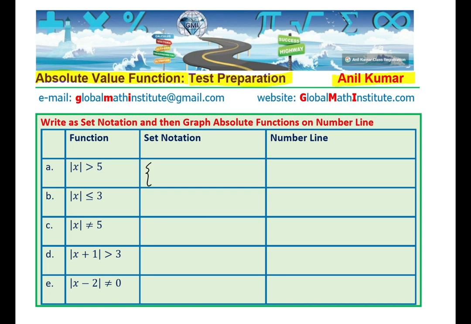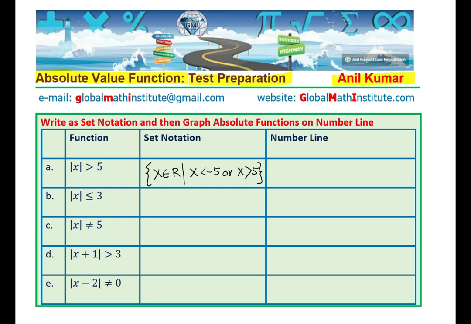Absolute value of x is greater than 5 means that x belongs to real numbers where x is, so absolute value means that it could be less than minus 5 also, right? So it is less than minus 5, or x is greater than 5. So plus and minus is what you get, correct?